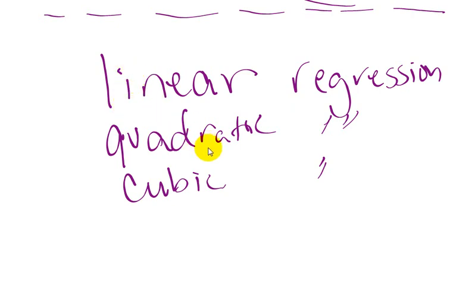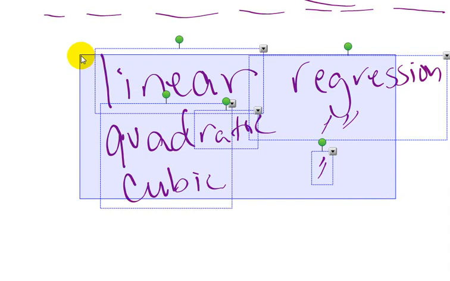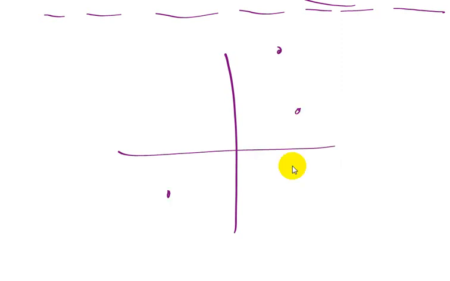And what we're going to do is, they're not so much giving us a quadratic or a polynomial to work backwards from. They're going to give us some points, some xy coordinates of several points. And they're going to say, well, what created this? Was it a linear equation, a quadratic equation, or was it a cubic equation? And we're going to have to work backwards with each one of those, a linear regression, a quadratic regression, and a cubic regression, to see which one fits those points.